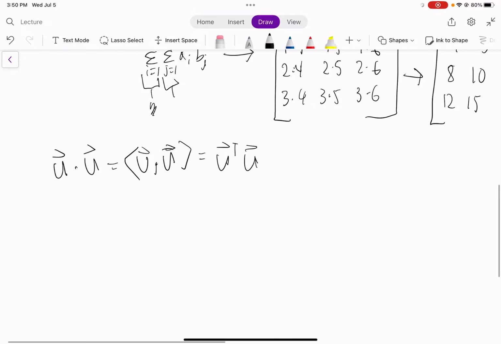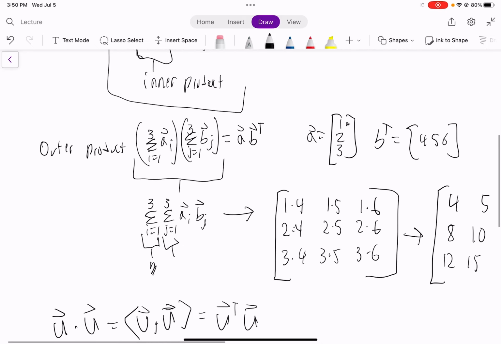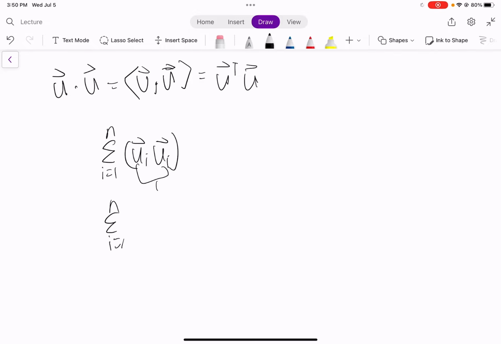So we know from our notation up here that it should equal this. So we have summation I equals 1 to n ui vector times ui vector. What is that? These two can be combined. So this can be I equals 1 to n u vector squared. Inner product. It's on the inside of the summation.